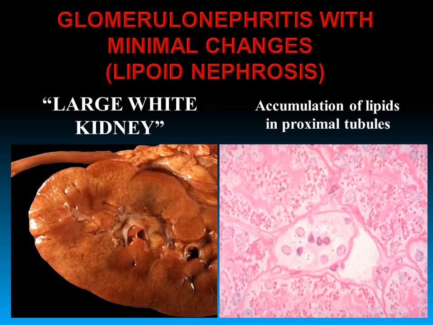Microscopically we can find minimal changes because in glomerulus the changes are not severe. The changes in convoluted tubules are seen, but they are secondary to the glomerulus. In glomerulus, the only manifestation which can be detected with light microscopy is mild thickening of the basal membrane and mesangial expansion.